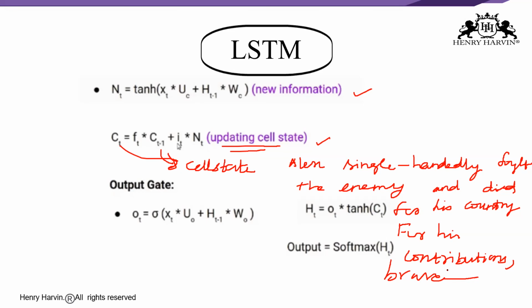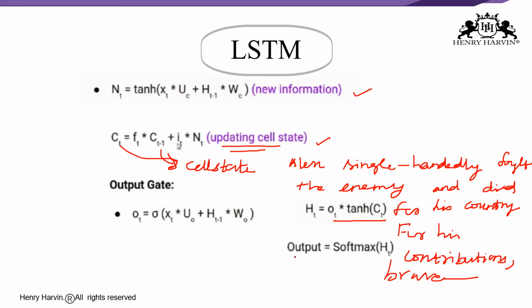That word is our output, and this is the function of our output gate. This is the equation of the output gate. Its value also lies between 0 and 1 because this is also a sigmoid function. Now to calculate the current hidden state, we will use ot and tanh of the updated cell state.